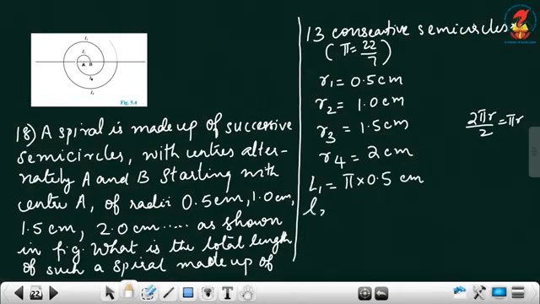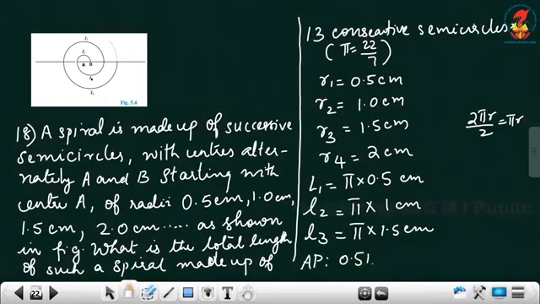Second one, l2, pi into 1 centimeter. l3, pi into 1.5 centimeter, and so on. So the AP is 0.5 pi, 1 pi, 1.5 pi, etc. We need to find the sum of this. So total 13 terms are there.